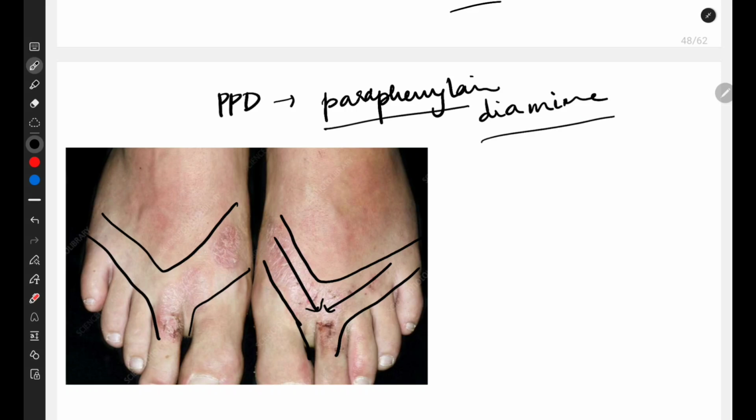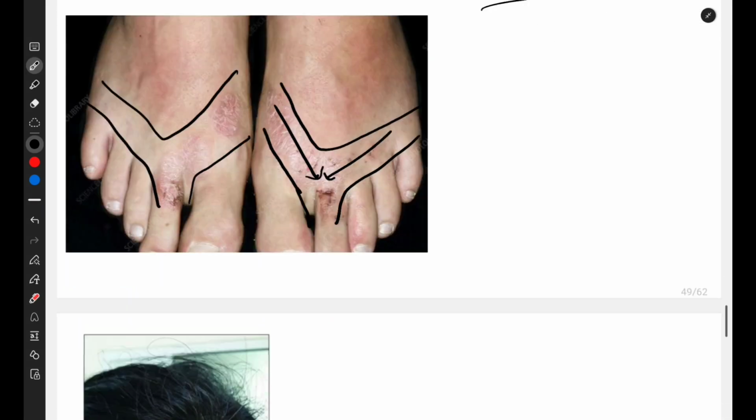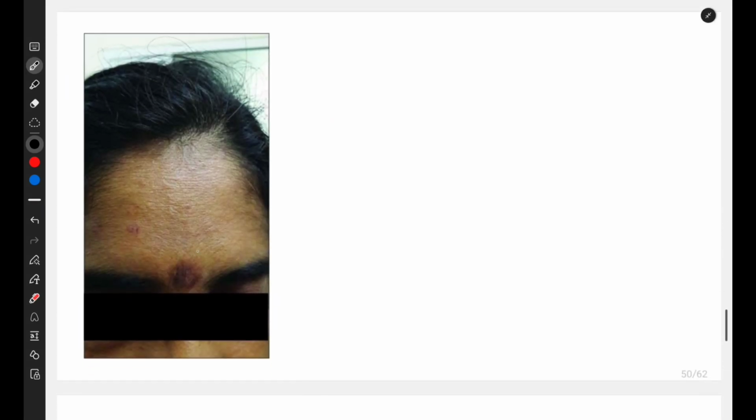So this paraphenylene diamine will be there in flip flops. When the person wears flip flops, this area will have an allergic reaction and cause dermatitis. For example, if a woman wears a bindi here, it will contain a gum on the back side. So the bindi will have a gum.